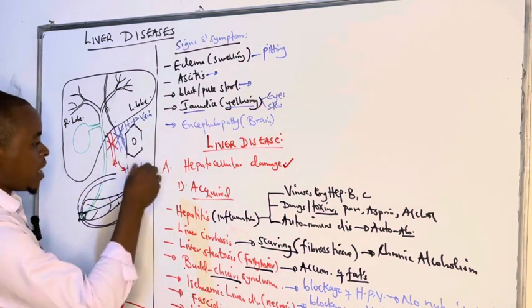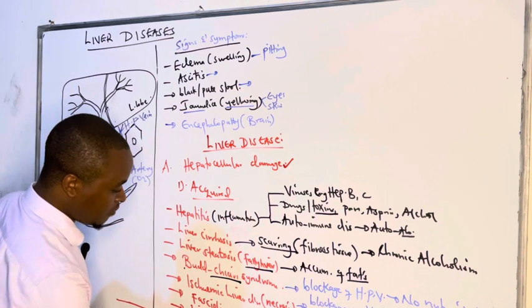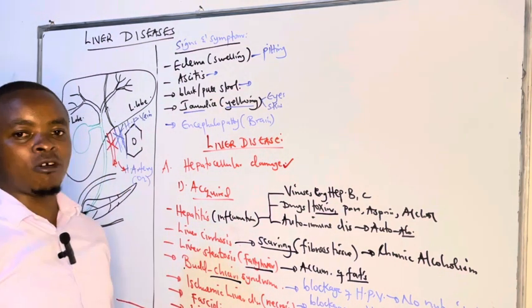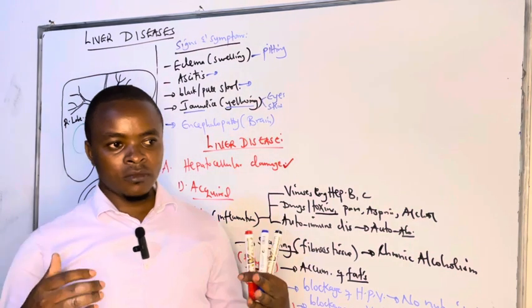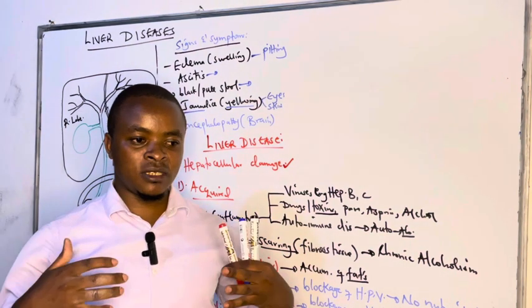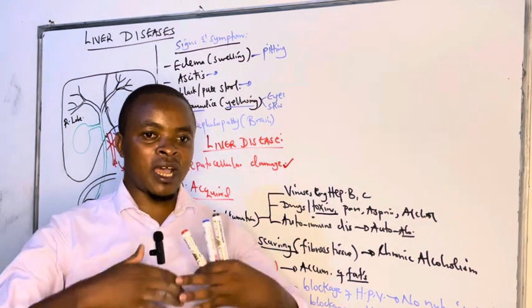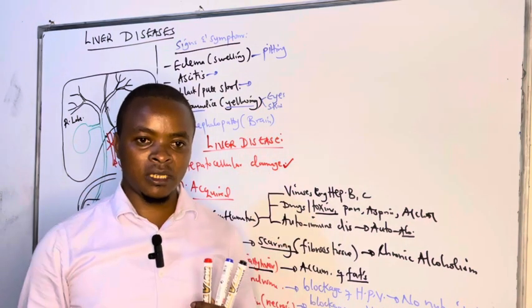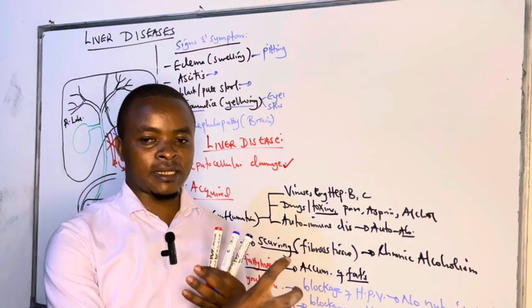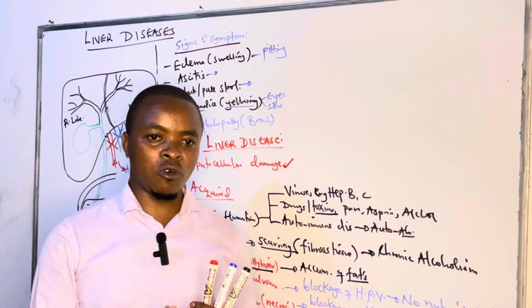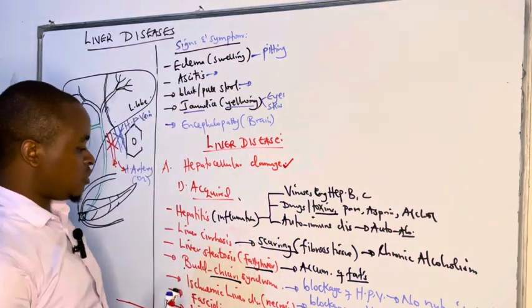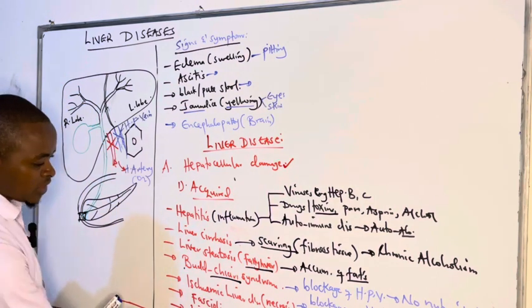And finally, under acquired causes, you can also talk about liver cancer, or liver carcinomas. This is whereby the cells are dividing uncontrollably, with an uncontrolled cell cycle, leading to overaccumulation. And this is what we call liver carcinomas.